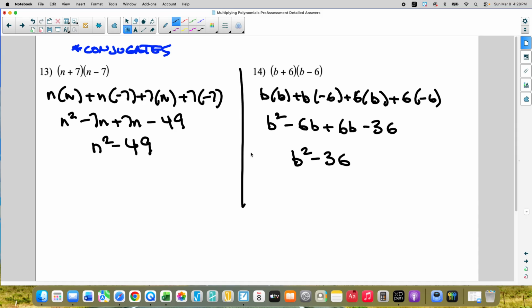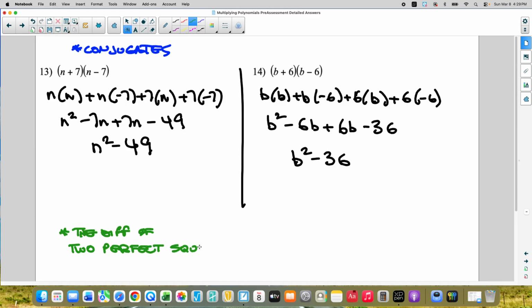And when we look at these solutions, notice there's only 2 terms. Every time we multiply conjugates, it always produces 2 terms here. And those 2 terms are subtracting each other. And notice that the 2 terms are perfect squares. We call this the difference of 2 perfect squares.